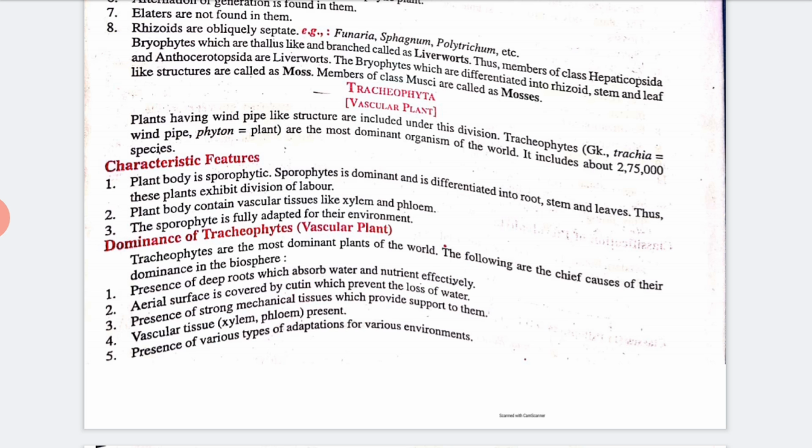The plant body contains vascular tissues like xylem and phloem. The sporophyte is fully adapted to its environment, and the plant body is sporophytic. The sporophyte is dominant and differentiated into root, stem and leaves. Thus these plants exhibit division of labor.